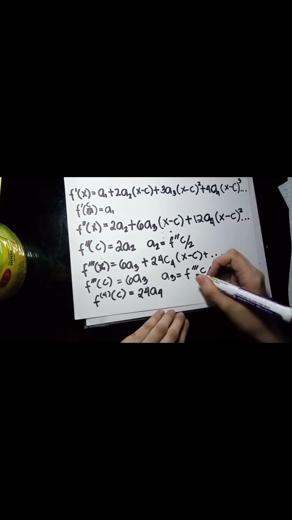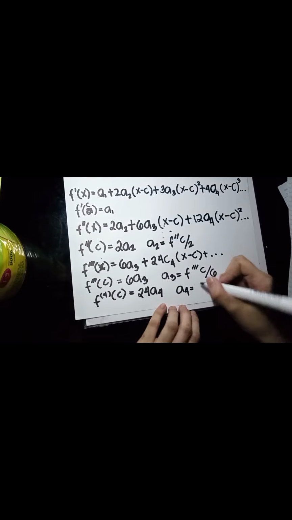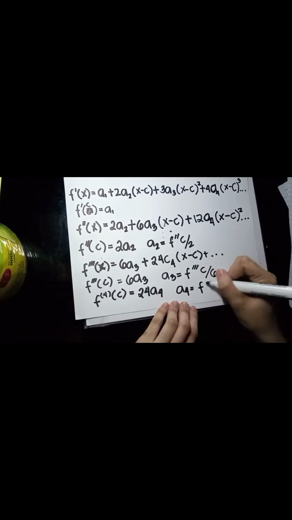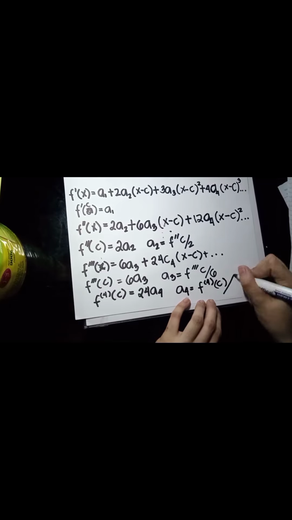Or we can write A4 is equal to f four prime of c over 24, which is 4 factorial.